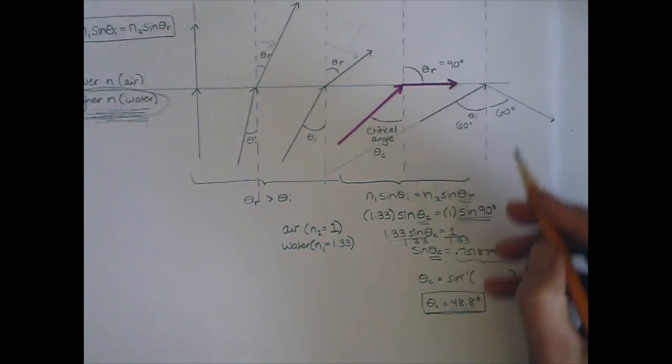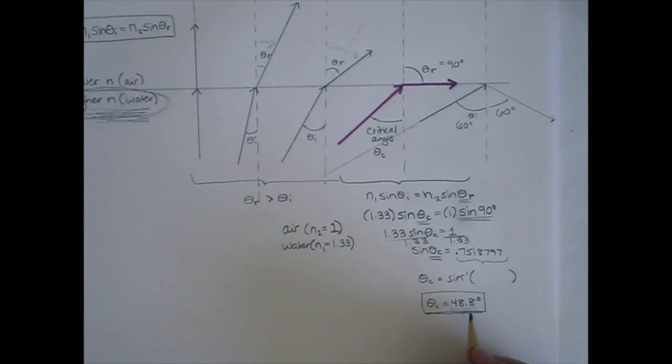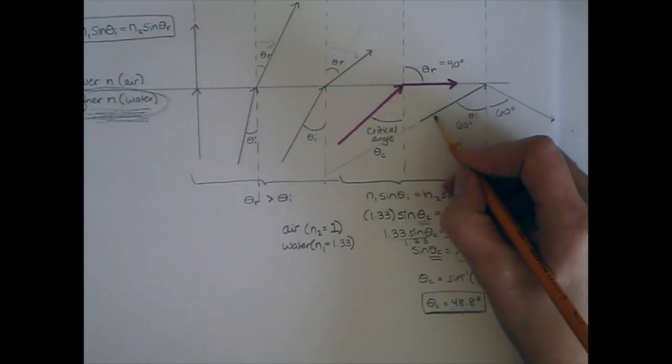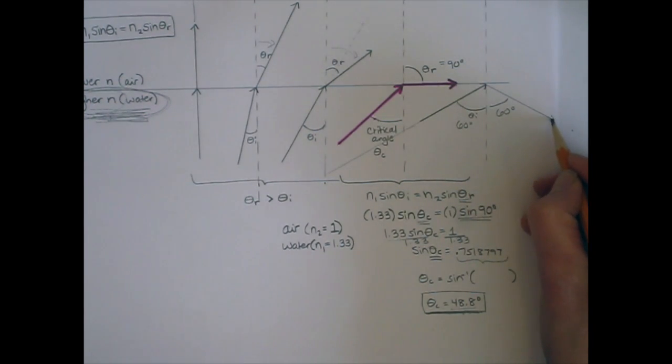If I shine light in at 49 degrees, 50 degrees, 60 degrees, 70 degrees, 80 degrees, any number that's bigger than the critical angle, the light is going to completely reflect back into that first medium.